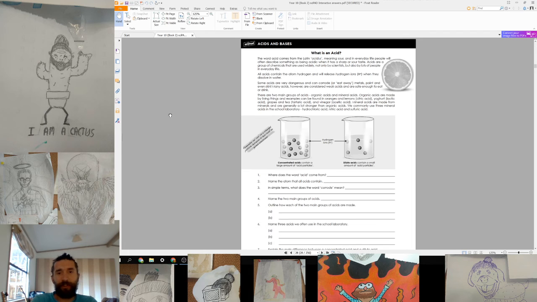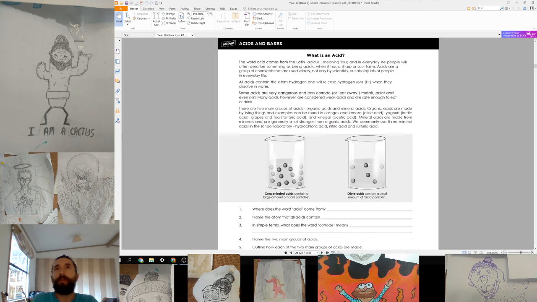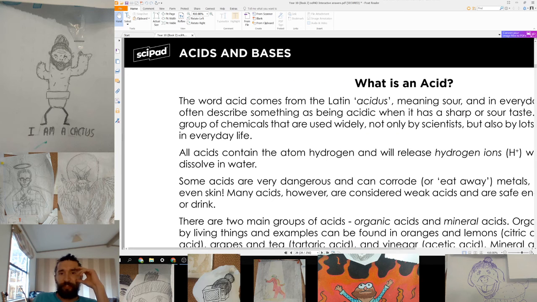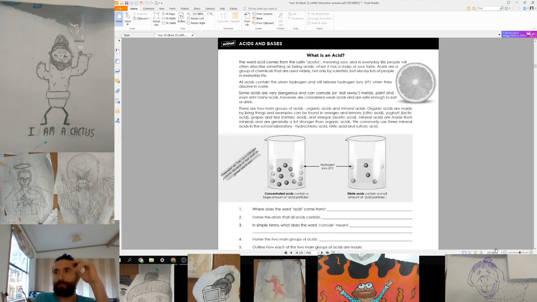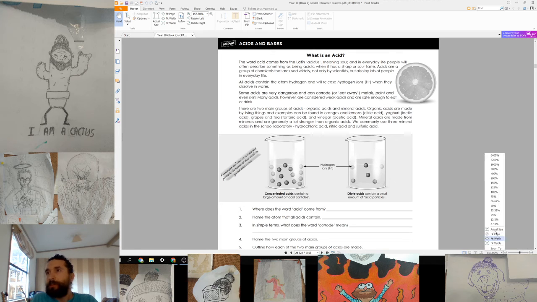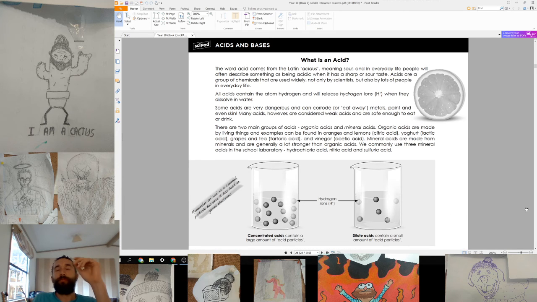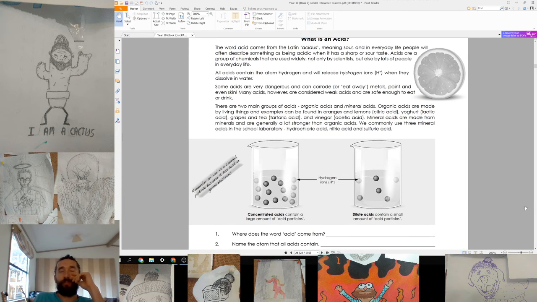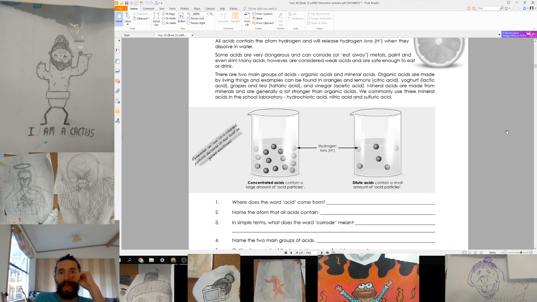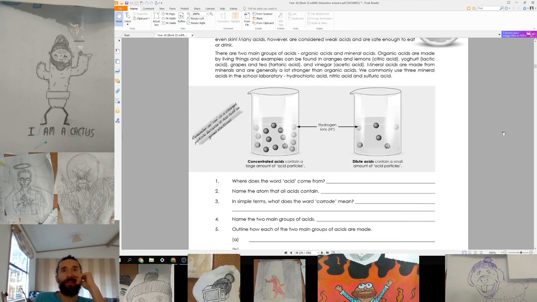Page 28 just starts with what is an acid. Read the stuff at the top and then work through these questions.